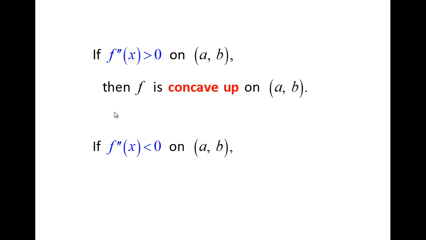If the second derivative is negative on the open interval from a to b, then f would be concave down on this interval. That's what the sign of the second derivative tells us about the graph of the function.